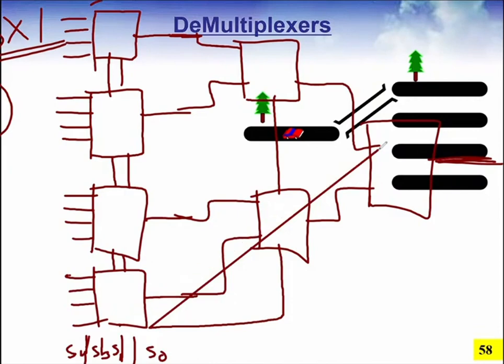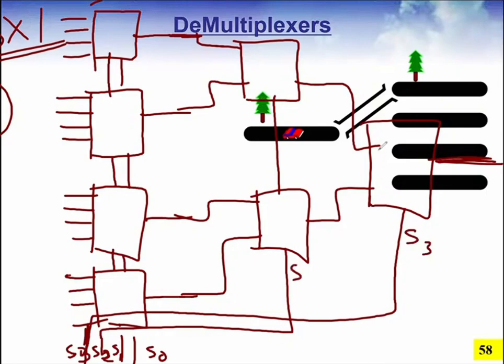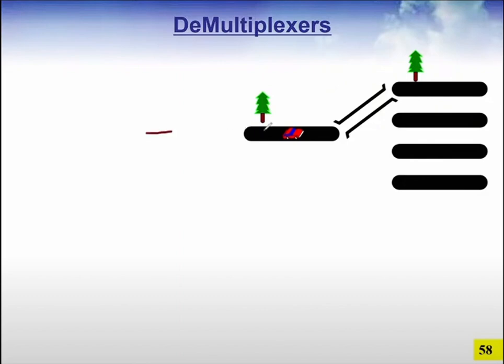Keep in mind, this is S2, this is S3. So this is connected to S3, this is S2, this one is S1 and S0. Clear now? Clear.